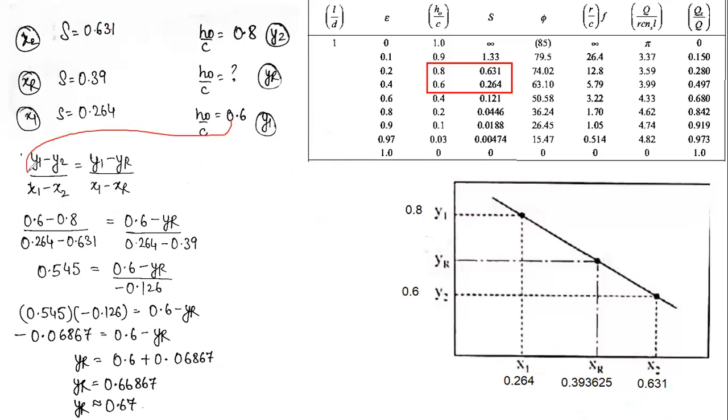Y1 is 0.6 minus Y2 is 0.8, divided by X1 is 0.264 minus X2 is 0.631. Same way, Y1 is 0.6, YR is unknown. That's what I want to find out.